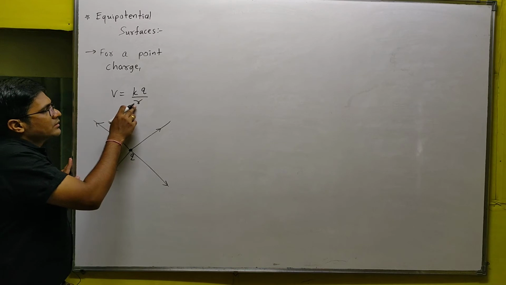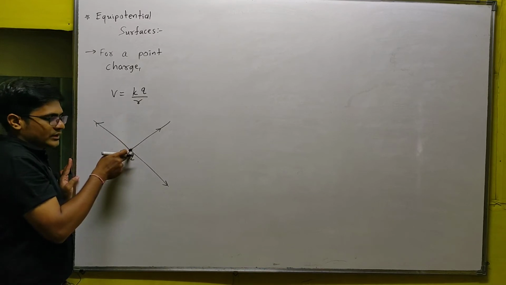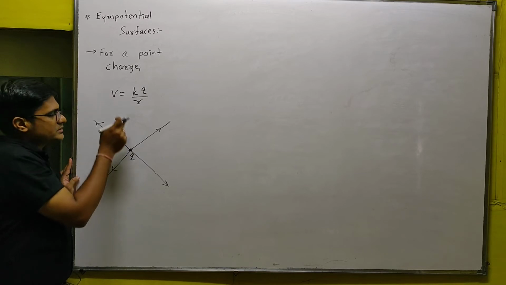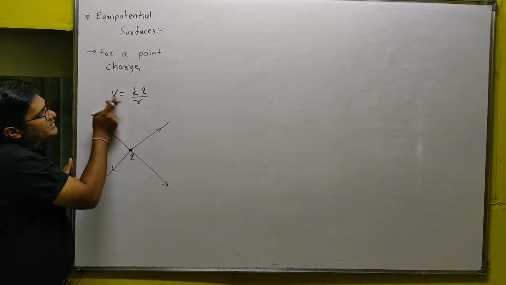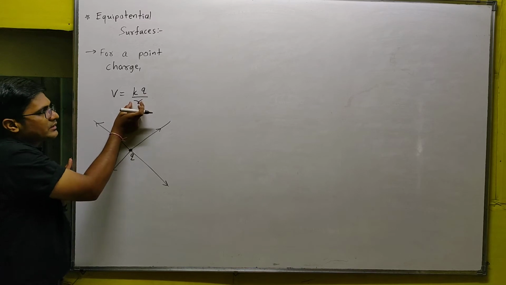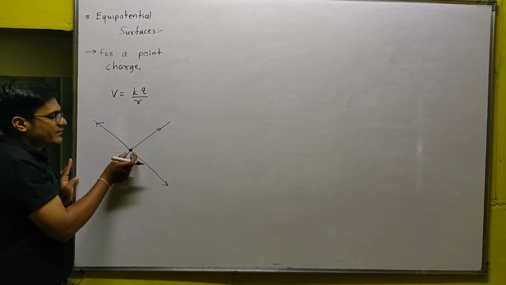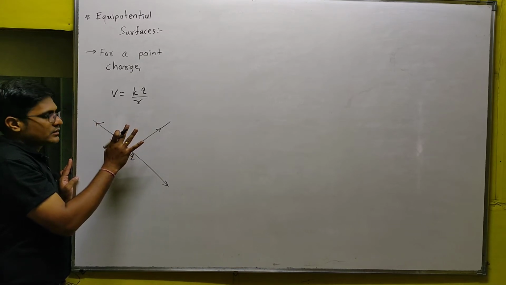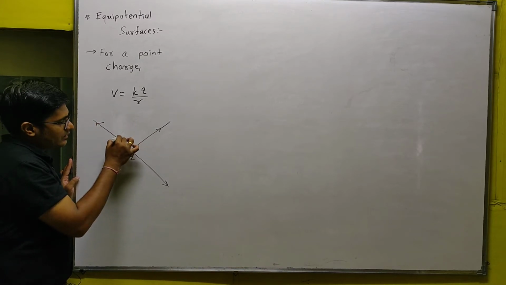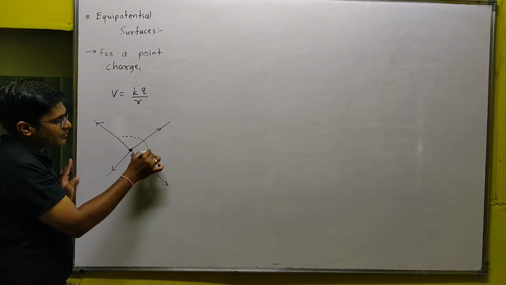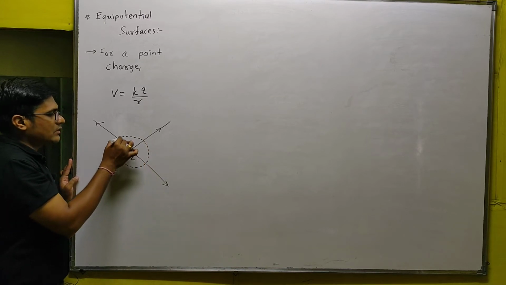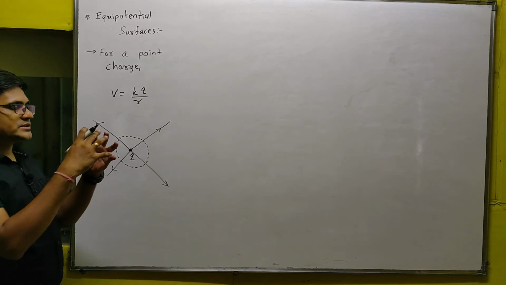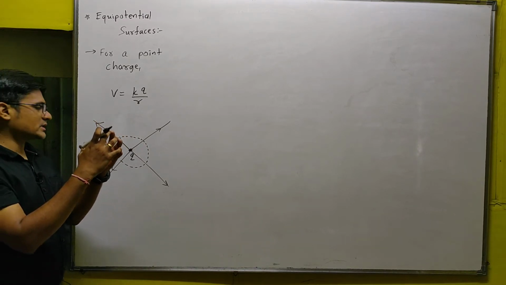The points at the same distance from this charge have the same potential, because the potential depends on distance. If you take points at equal distance from this charge, the potential is the same at every point. In 3 dimensions, these points cover a sphere of radius r.